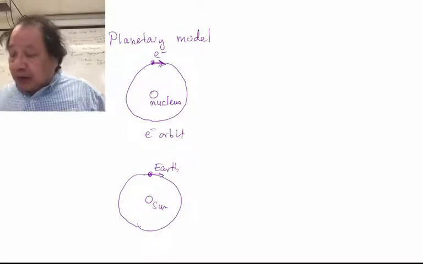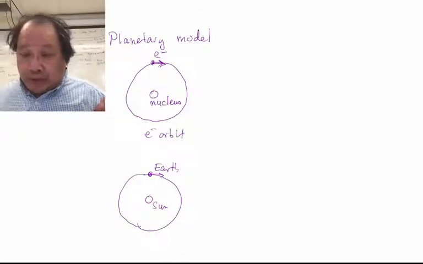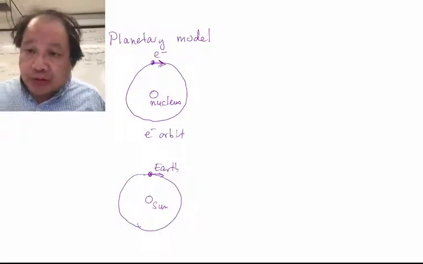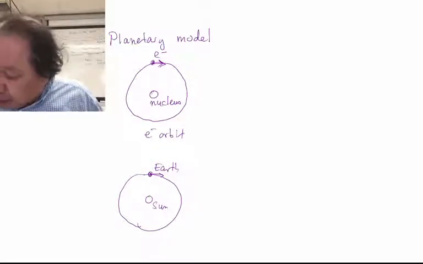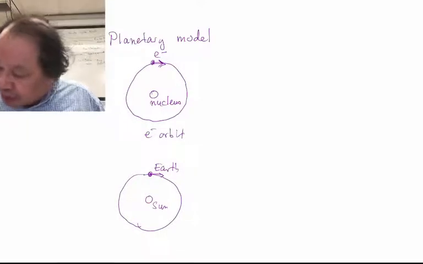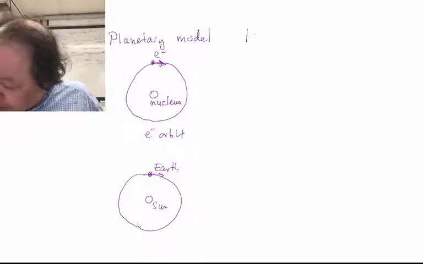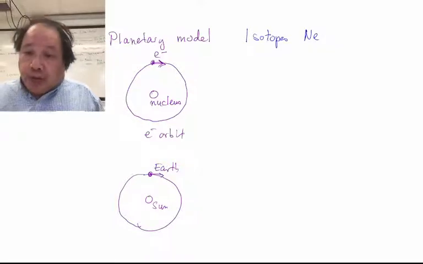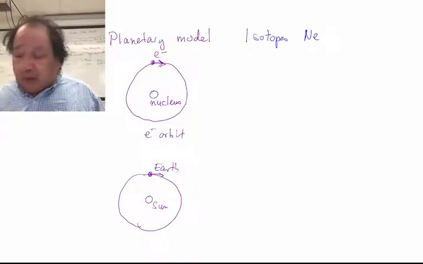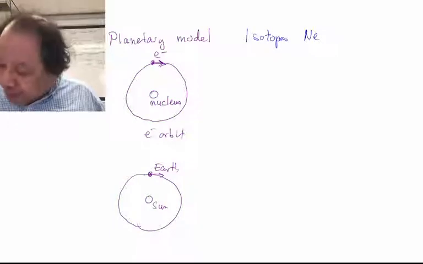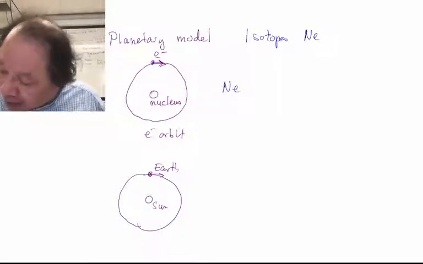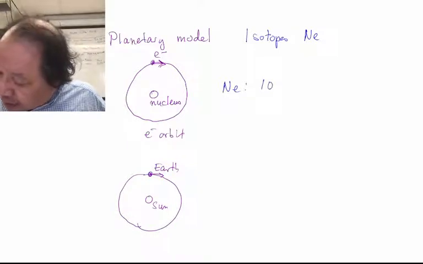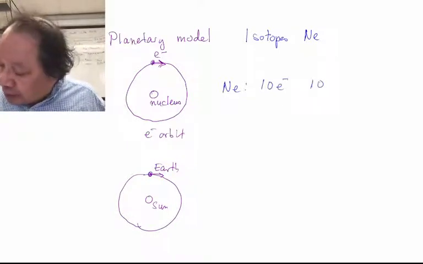I would also like to tell you about the nomenclature that's used describing the protons and neutrons. I am going to tell you about isotopes, and we're going to look at the isotopes of neon. Last time, remember that we learned that neon is the 10th atom in the periodic table. When it's neutral, it has 10 electrons and 10 protons.